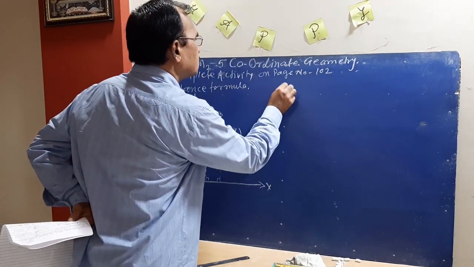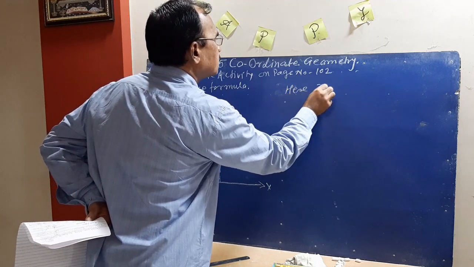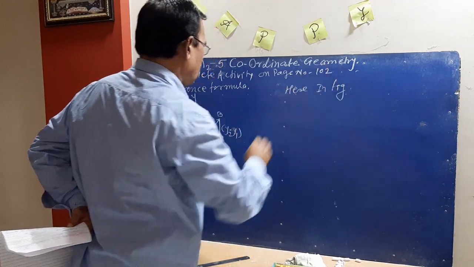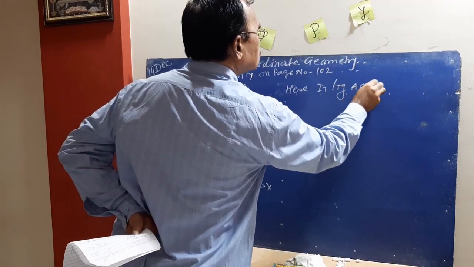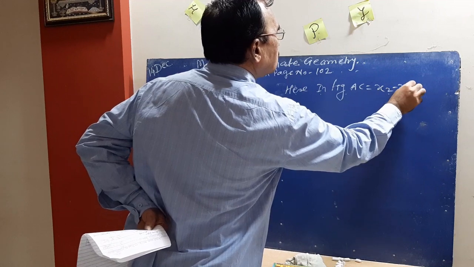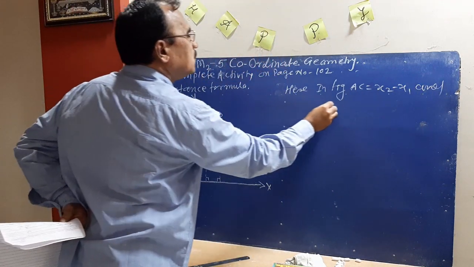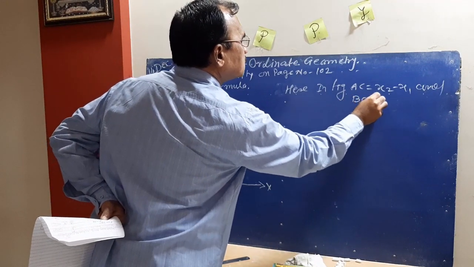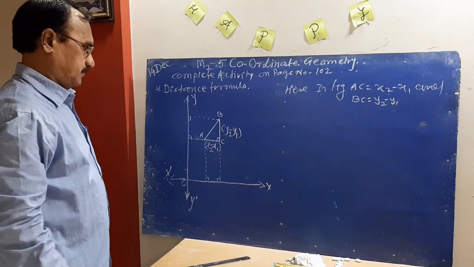Here, in the figure, AC is equal to x2 minus x1 and BC is equal to y2 minus y1.